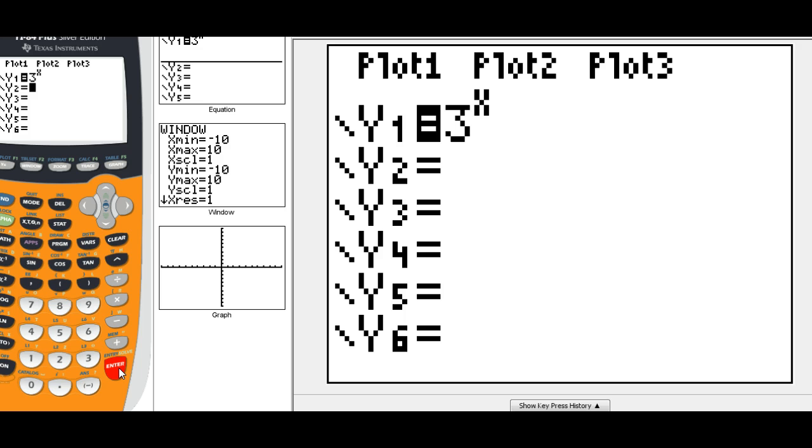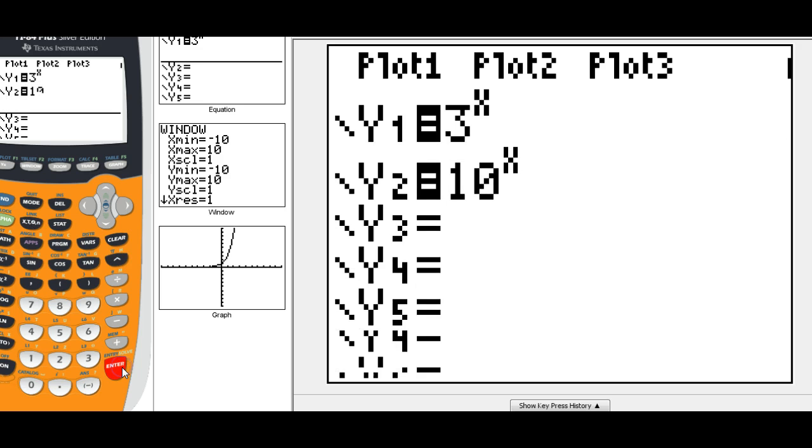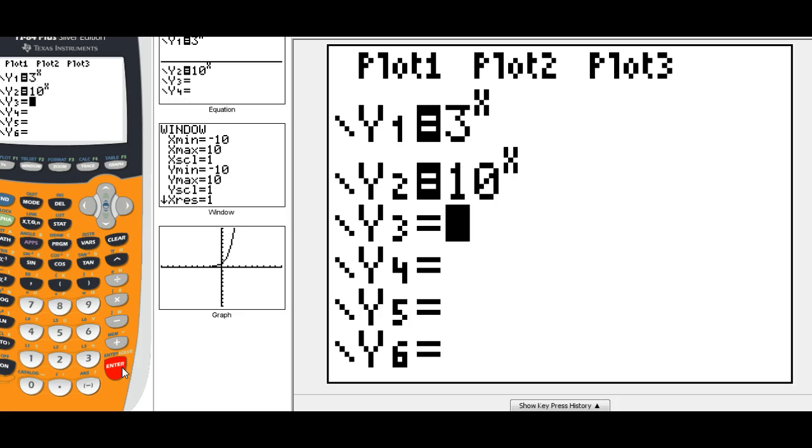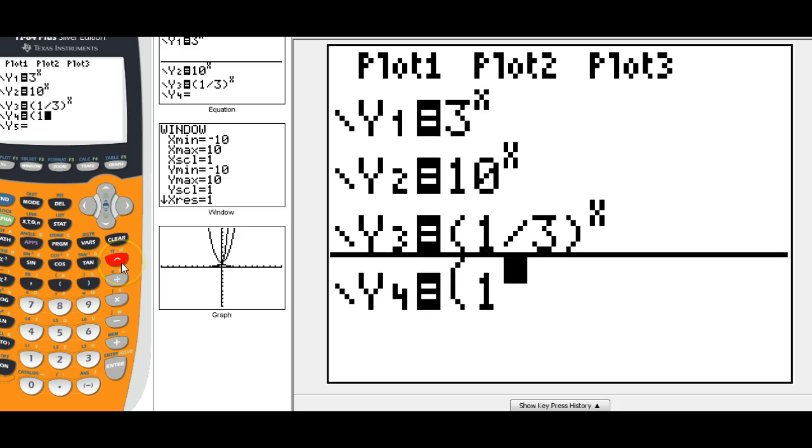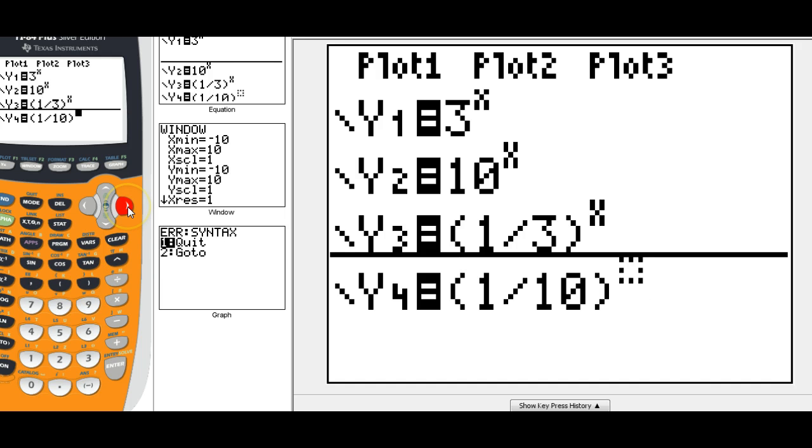And y2 is going to equal 10 to the exponent x. And y3 is going to equal 1/3 to the exponent x. And y4 should be 1/10 to the exponent x. Very good. And now we want to graph it on the grid that's similar to the one in our notes.